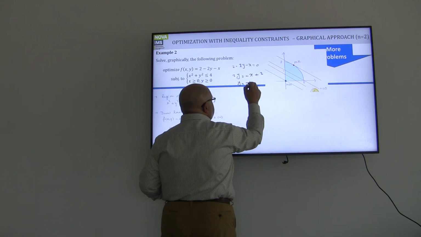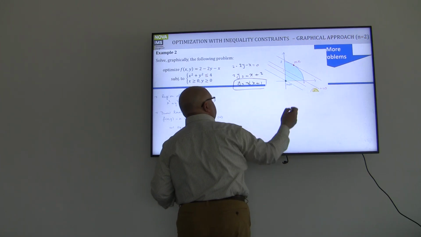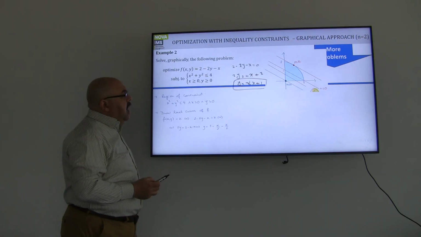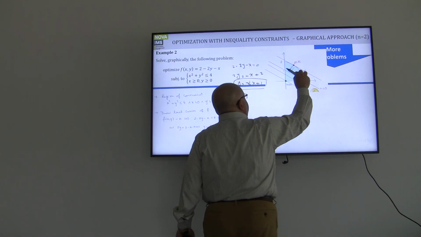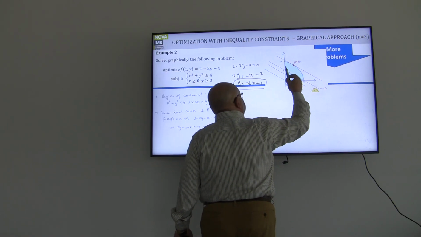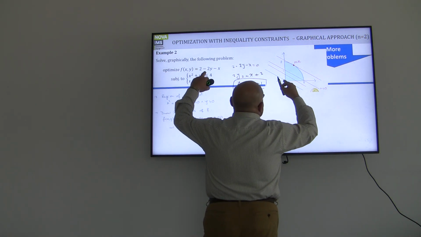So y is equal to negative half of x plus 1. That's the line which I will draw, when x is equal to 0, and so on. Then I will try to see the direction of increasing and the direction of decreasing. That's the point, getting the value at 0 and 0 and substituting in f, it's going to be 2.